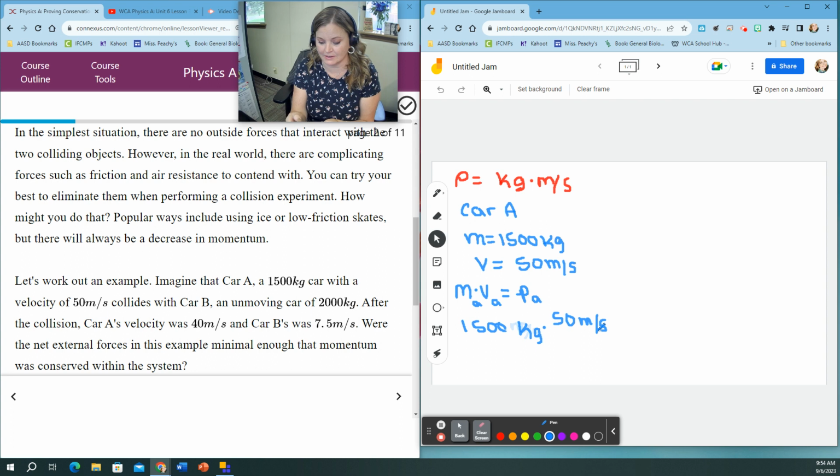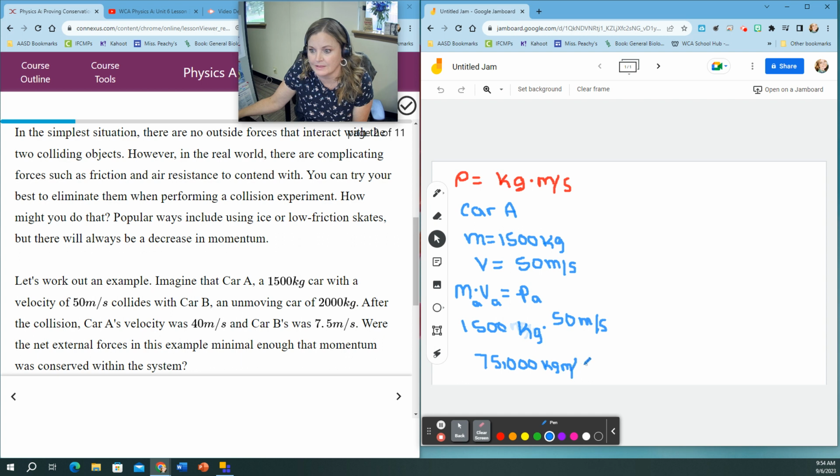If you guys don't have one of these already, I would suggest that you get the TI-30. So we have 1,500 times 50, and that is 75,000 kilogram meter per second, right? That's car A. So this is before it collides.